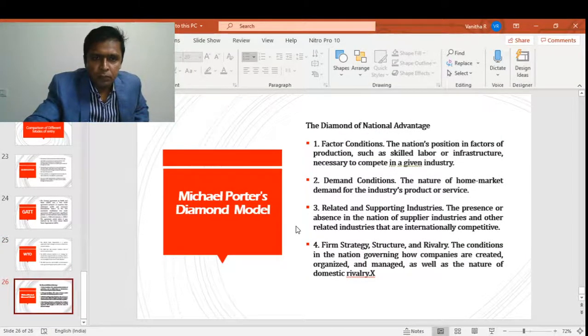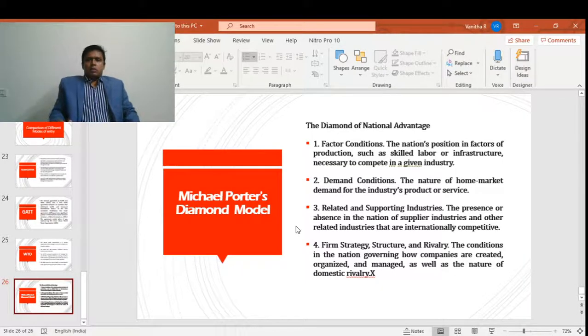Let's move to Porter's Diamond. Porter's Diamond is a formula, I can say. Since '73, '74, Michael Porter has been famous and well known across international markets and international business studies.